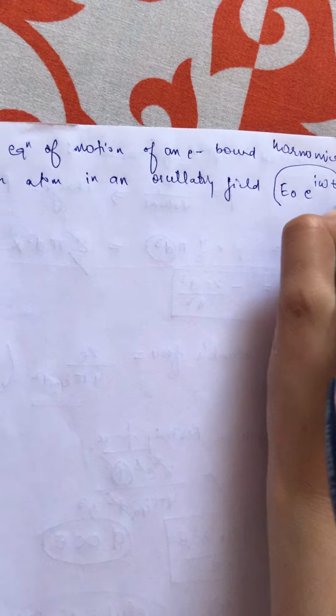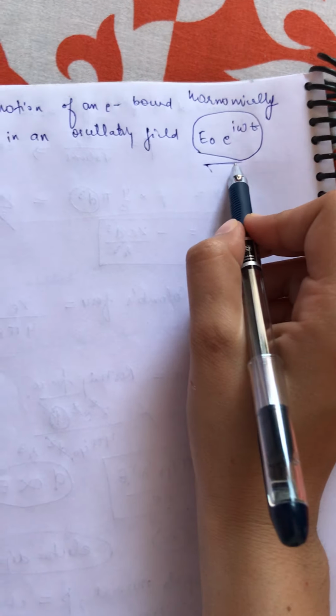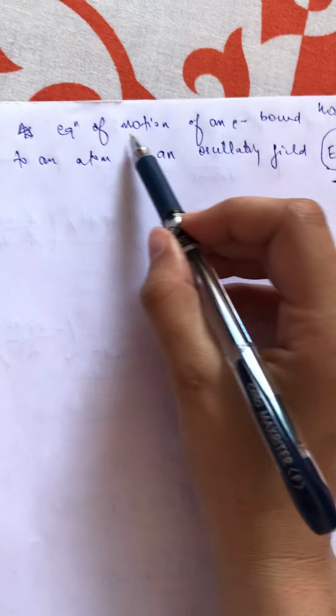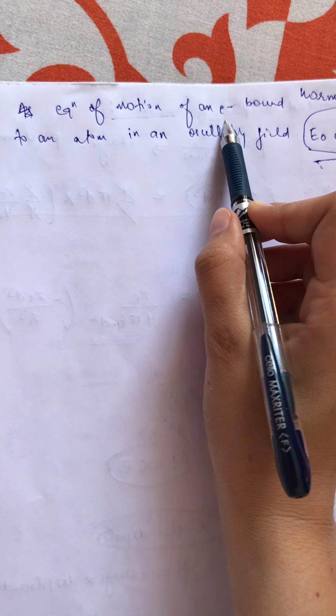We have considered an oscillating field, this one, and that the electron is bound harmonically in this field, and now we will find out the equation of the motion of this electron.